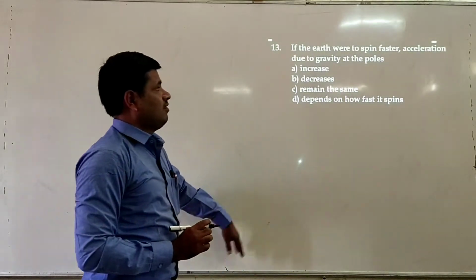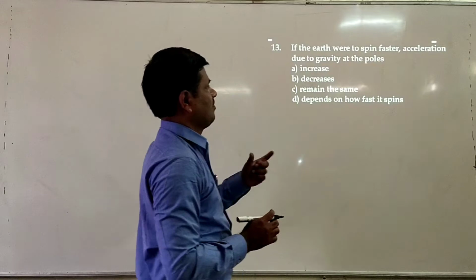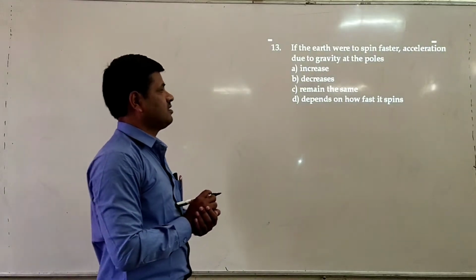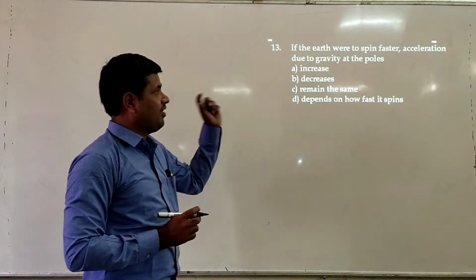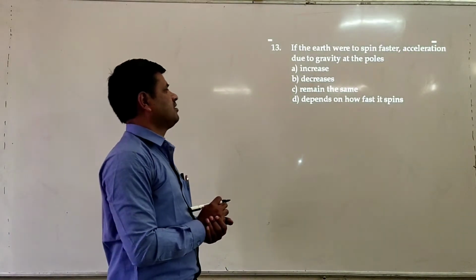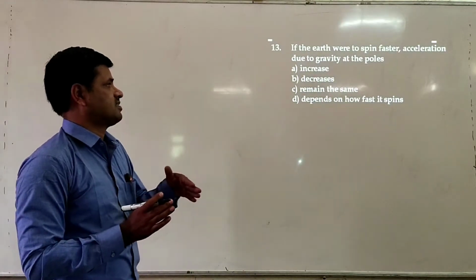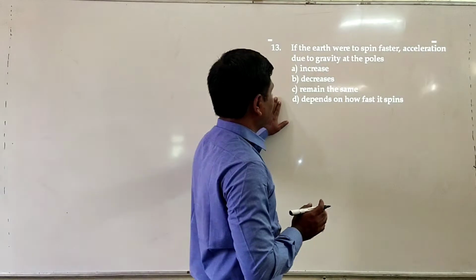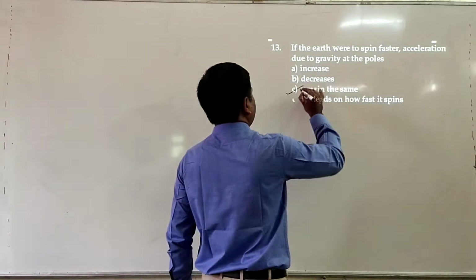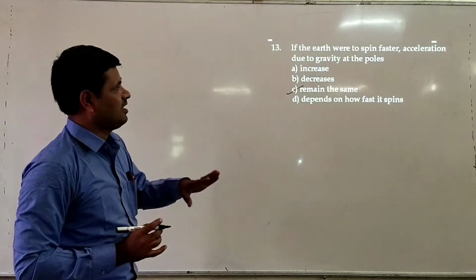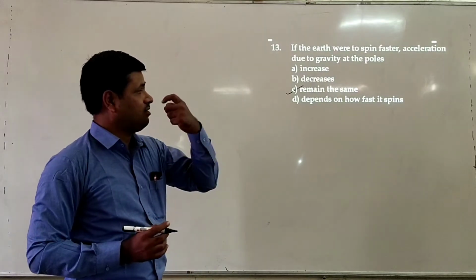Now listen here, when the earth spins faster, angular velocity increases, so the acceleration due to gravity also increases, but due to rotation increases, the weight decreases.